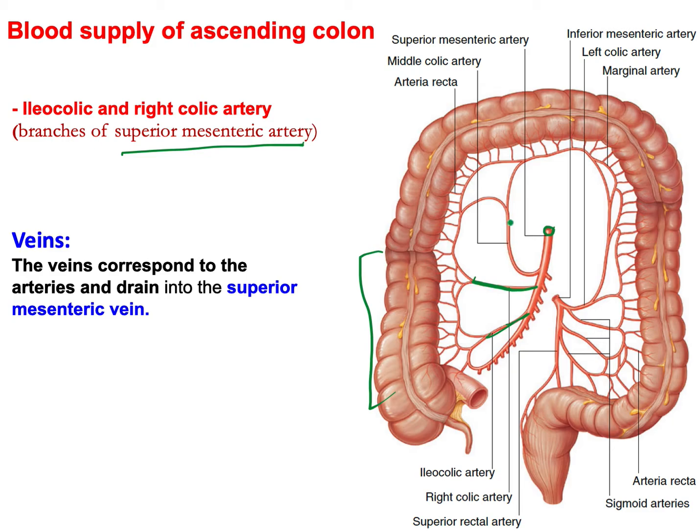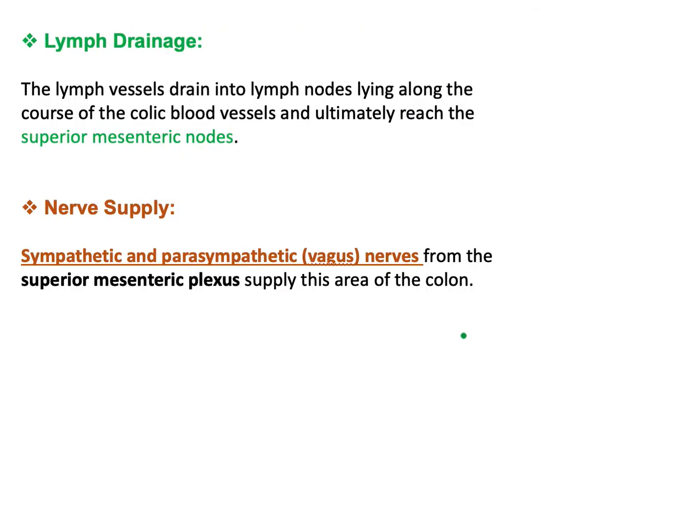It's not the time to talk about the middle colic. Just you have ileocolic and you have right colic. Those branches supply the ascending colon, and similarly the venous drainage will be to the veins corresponding to those arteries, ultimately again to the superior mesenteric vein. Very simple. So ileocolic and right colic.